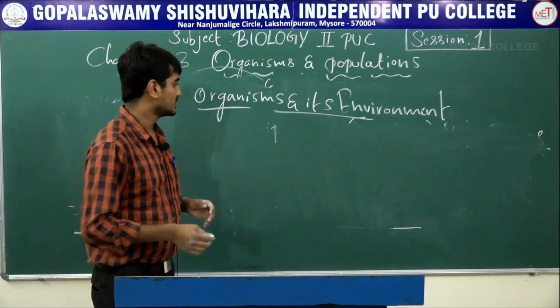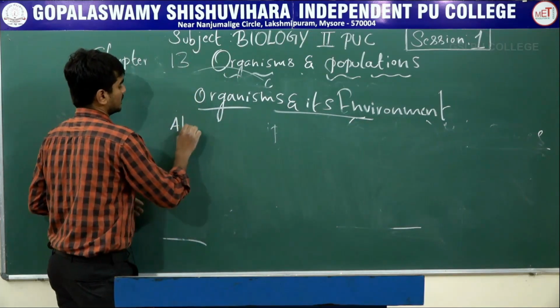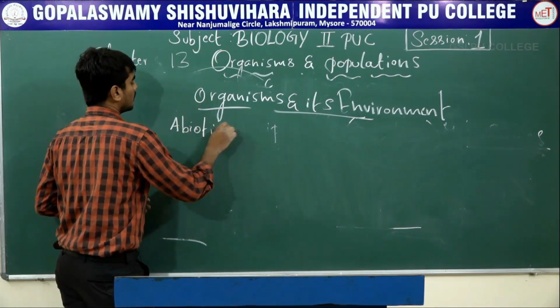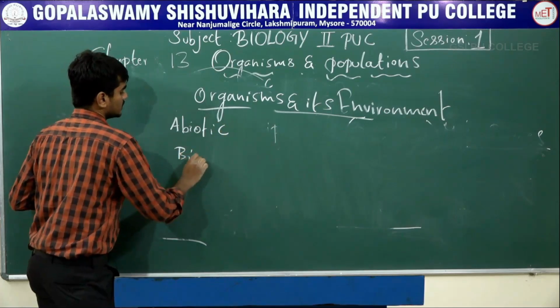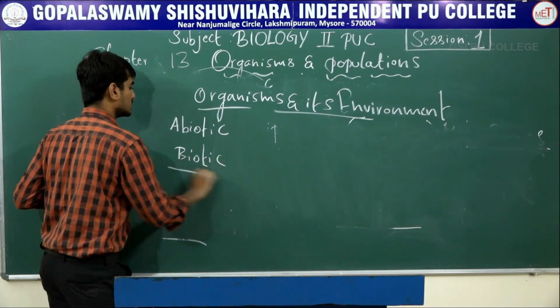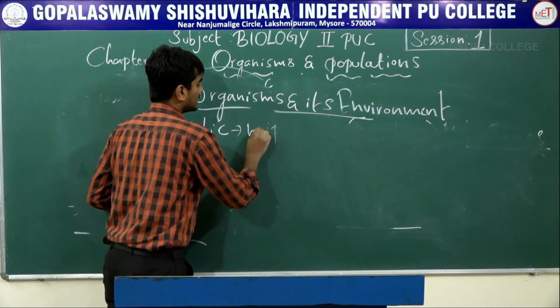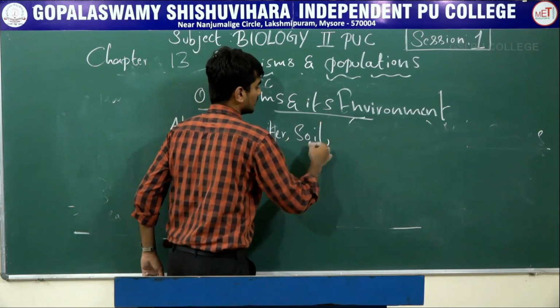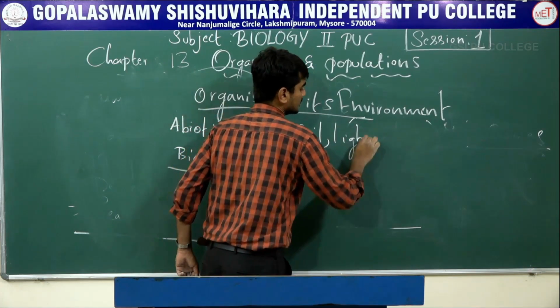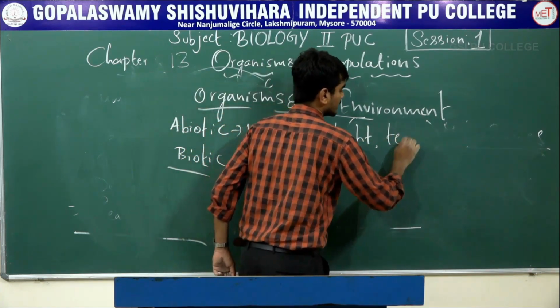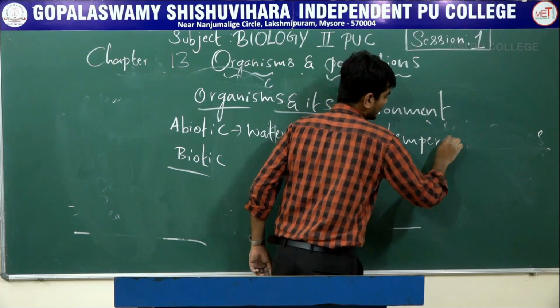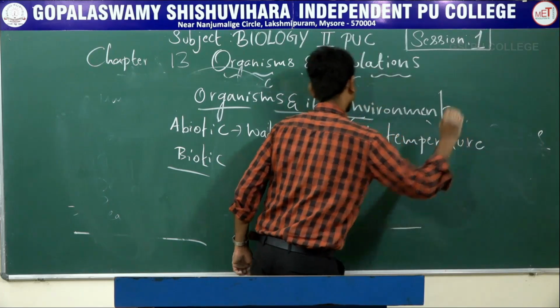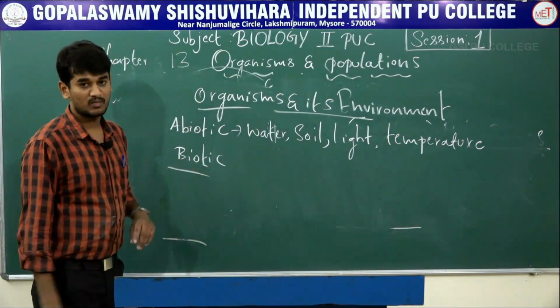So there are 2 components: abiotic components and biotic components. So what are abiotic components? This is called water, soil, light and temperature. So what about biotic components?